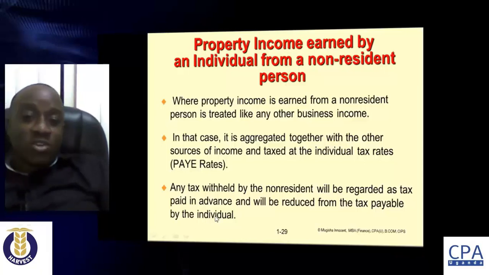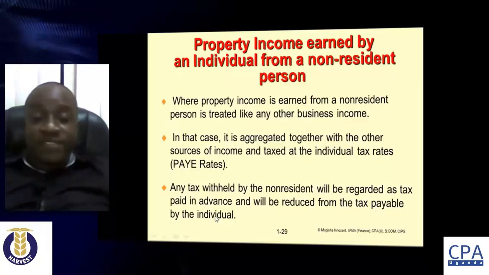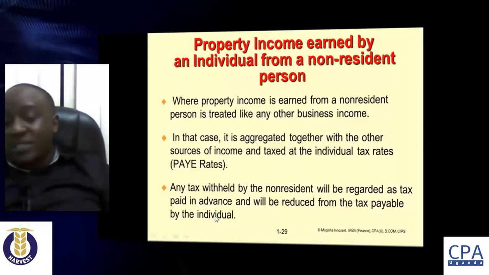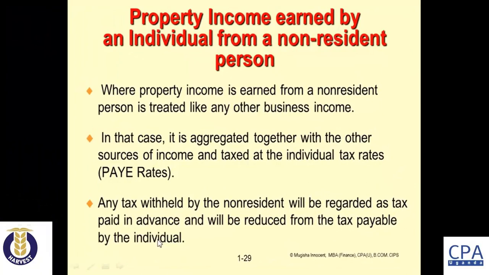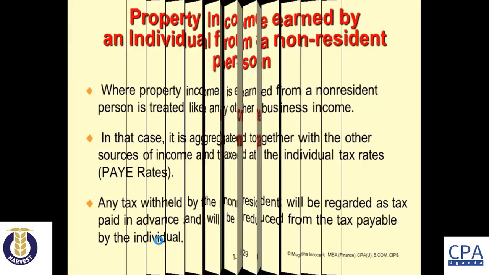So we are saying that no worries, if you have paid foreign withholding tax, this is going to be deducted before you finally pay your withholding tax in Uganda, or before you pay your business or corporation tax or whatever in Uganda. So these are the treatments of property income earned by an individual.